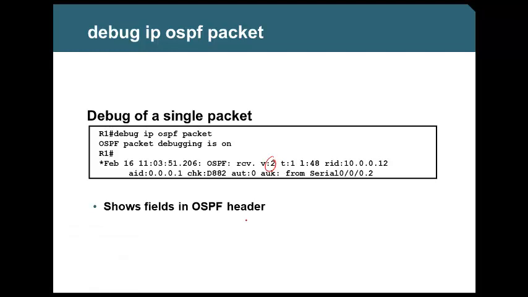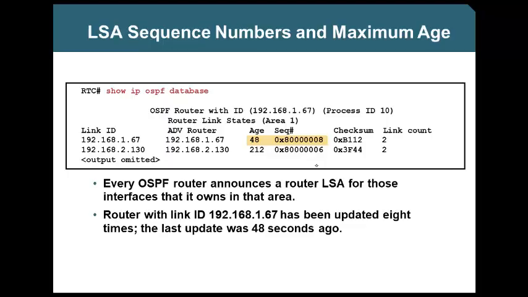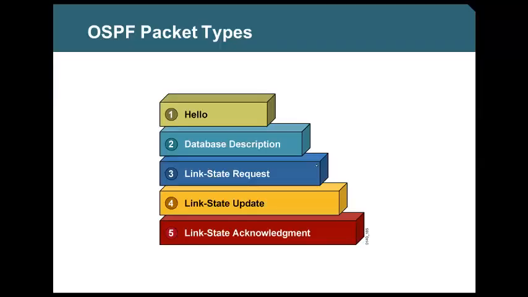It's a received packet. And the type. Type 1 means what? Hello packet. We just saw that. 1 is type hello. 3 means LSR.